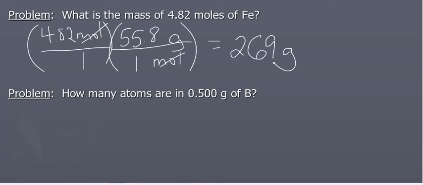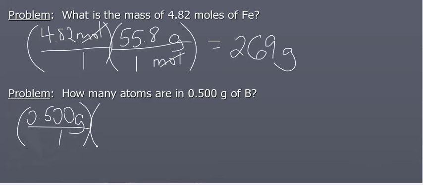In this third example, how many atoms are in 0.5 grams of B, boron? So we have 0.5 grams. How many atoms? I have to go through my intermediate unit, which is the moles. Moles appear in all these problems. It's an intermediate unit. So in 1 mole, the number of grams of boron, go back to the periodic table because I see grams, and round to 1 decimal place, 10.8 grams. That will get rid of grams.